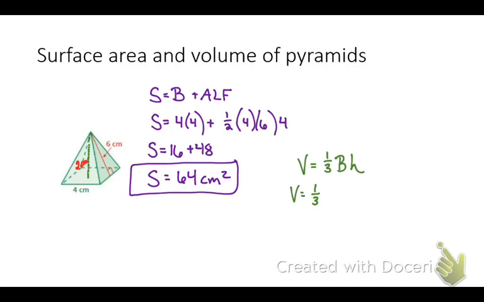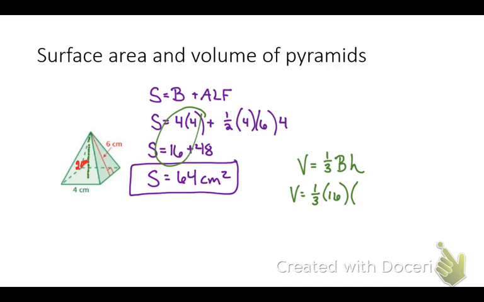Guys, you already calculated the area of your base, right? What's the area of my base? 16 times what is the height of my pyramid? 2. I drew in that dimension.